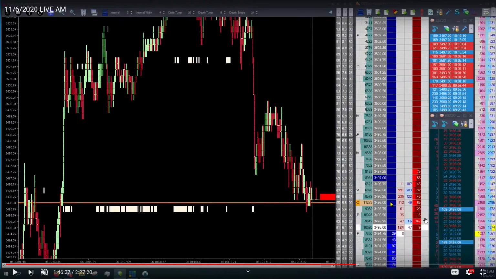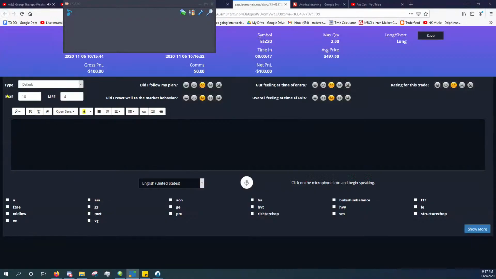And then boom. That's 1, 2, 3, 4, 5, 6, 7, 8, 9, 10. It's printing 10 ticks down. So this is actually messed up. I didn't take 10 ticks of heat on it, but I do want to know exactly how many ticks of heat I took on it.